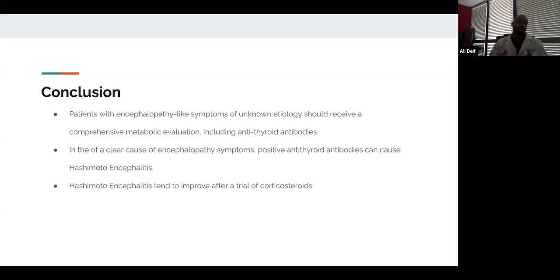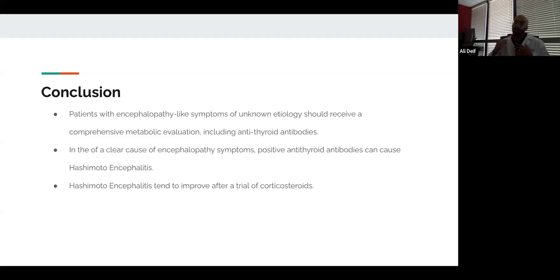This condition is very rare, but because we did an extensive workup and ruled out other conditions, and then the doctor, who had seen a case of this before, said we should do thyroid function tests and evaluate for antithyroid antibodies. By doing that, we were able to reach the Hashimoto encephalopathy diagnosis and successfully reach a conclusion for this patient who was experiencing very debilitating symptoms.